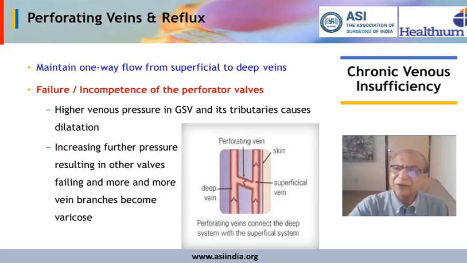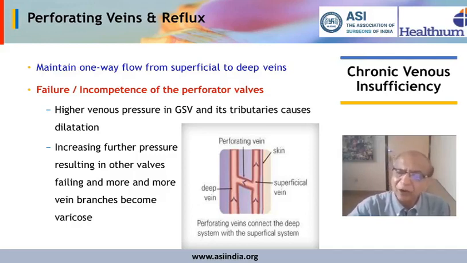They have valves which allow the flow of the blood in one direction. It's a little tricky to understand, which I'll probably show you on the next slide, but let me say it here itself, that the blood in the foot, in the plantigrade foot, actually flows from the deep veins, the foot being an arch, to the superficial vein.